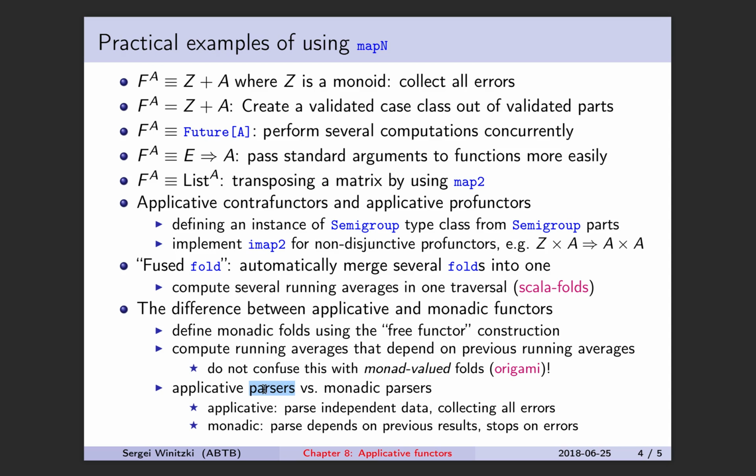Another example is parsers. It's a very simple example to illustrate again the difference between applicative combination of parsers and monadic combination of parsers. And that illustrates how applicative computations are independent in some ways, although they can be dependent in other ways on each other, but the structure of the computation is independent of previous results.